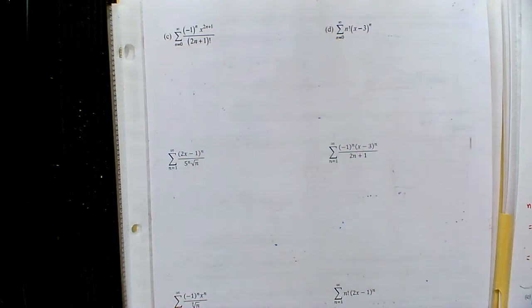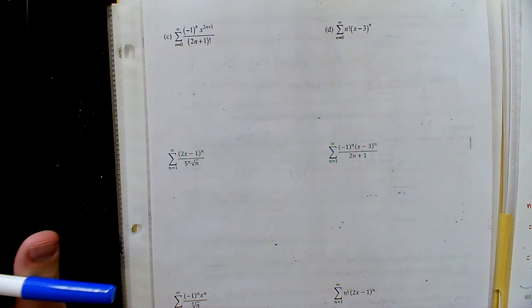So this is that page I was referring to before we started. We have the 4 examples on the bottom. We'll go back to them at a later time to review or practice. We're going to focus on the top 2 today. So C. We have the summation of -1 to the n, x to the 2n plus 1 over 2n plus 1 factorial.